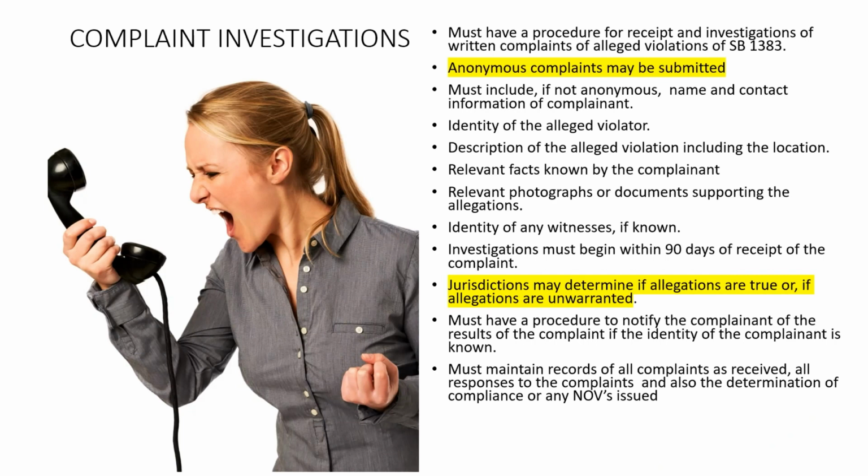If it's not anonymous, you'll have a name and contact information. You'll have the identity of the alleged violator, what the violation may be, the location, relevant facts that are known by the complainant, whether there are any photographs or documents supporting the allegations, and whether there are any witnesses.